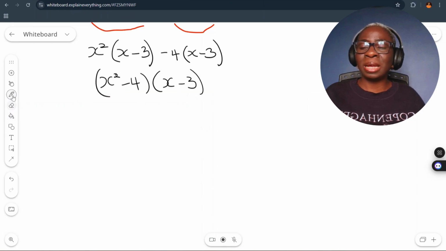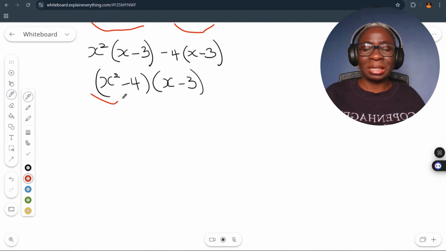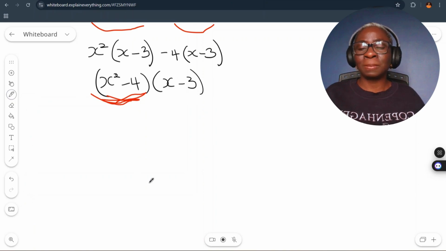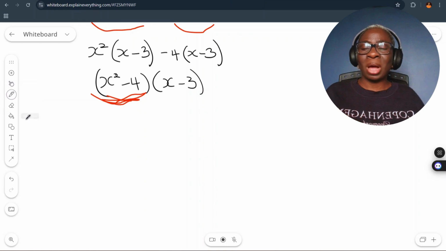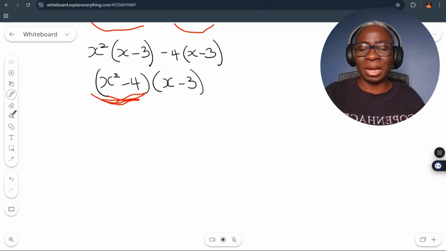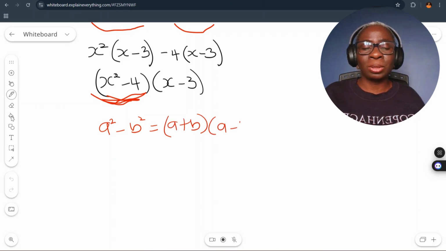But if you take a look at this, you will realize that this is not completely factorized. That means we can still factorize this again. So let's leave the x minus 3 and factorize this. If you look at this, you realize this is a perfect square. For a difference of squares, don't forget, a squared minus b squared is the same thing as a plus b, then a minus b.